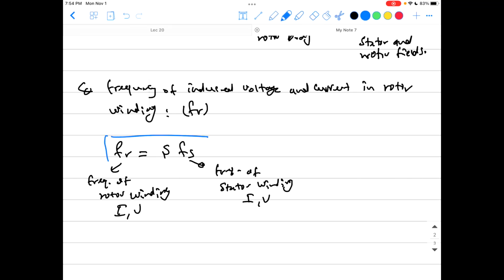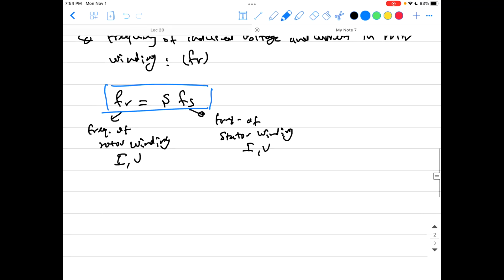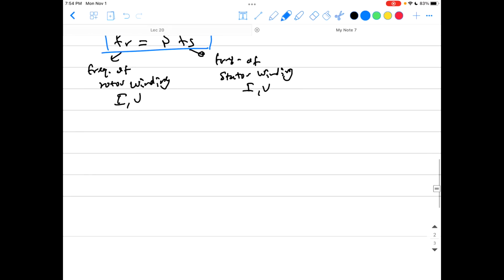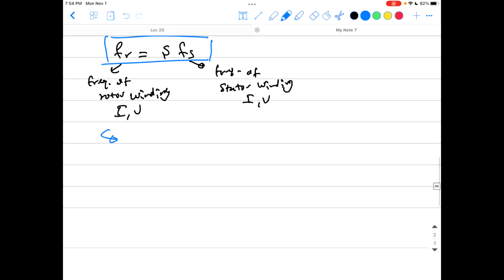Why am I saying that? Because now we can understand what I said before about the differences in the speeds. From this you can calculate the speed of the rotor field with respect to the rotor body by knowing this frequency.